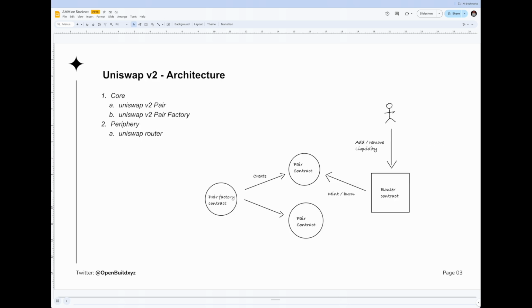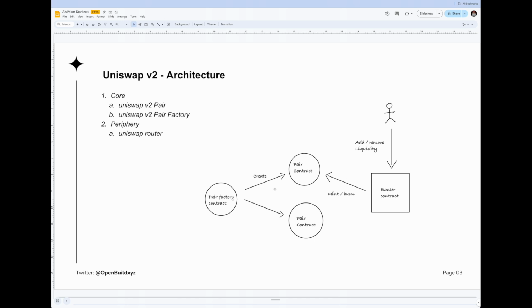Okay, now let's take a look at the Uniswap v2 architecture. So we have two parts, right? The Uniswap v2 architecture, one part is the core. So the core is basically the ones that I put in the circle, and there is the periphery. Periphery contracts, you can imagine them as some helper contracts that will allow you to interact with the core contracts.